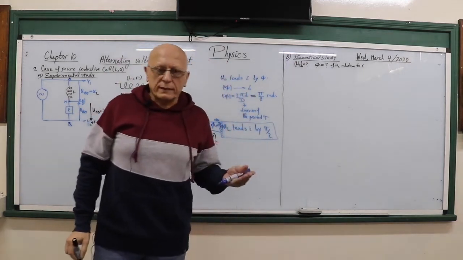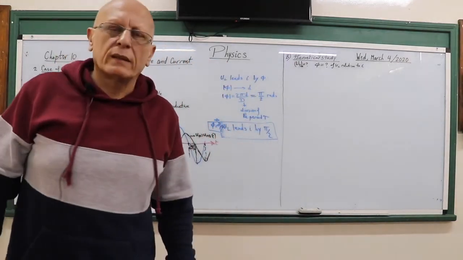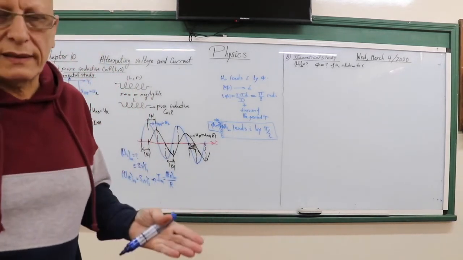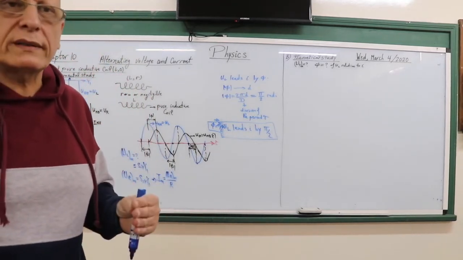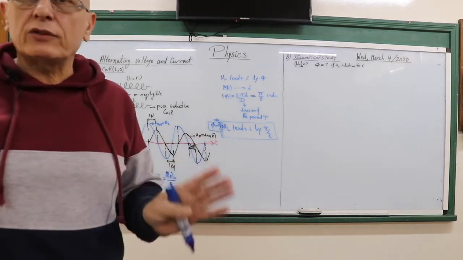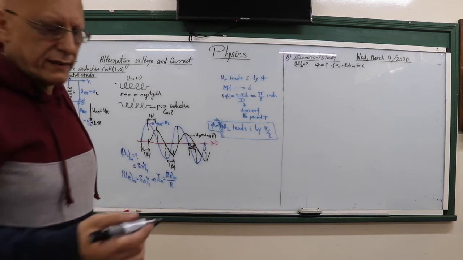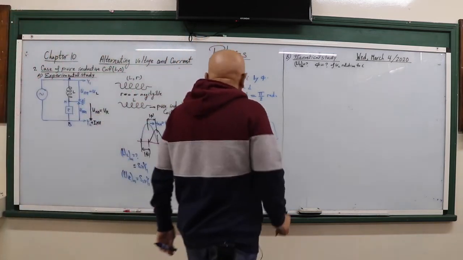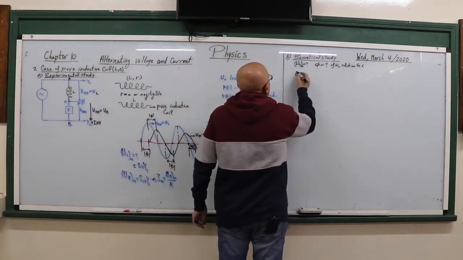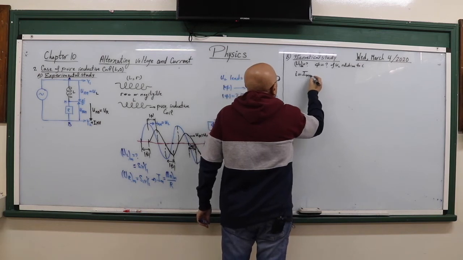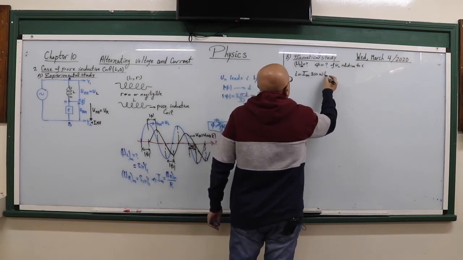To do this theoretically, I need to choose a reference. And always, during my explanation for this section, I am going to use I as reference. Since I is a reference, it can be written in the form Im sine omega t.